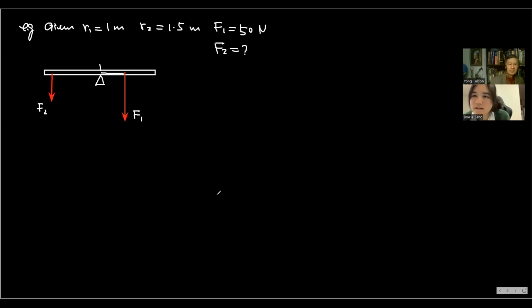Can you solve this problem? F2 would be 15 over 1.5. Can you write it down? Sorry, this distance is 1 meter, and this would be 1.5 meters.